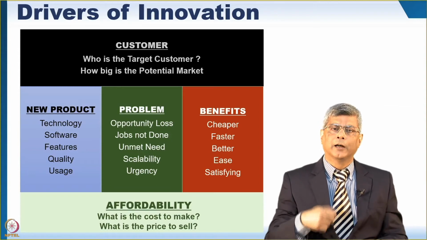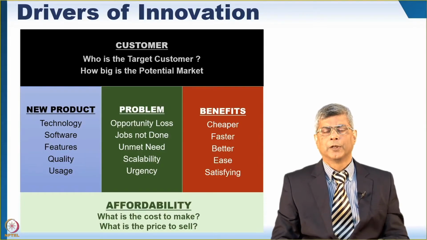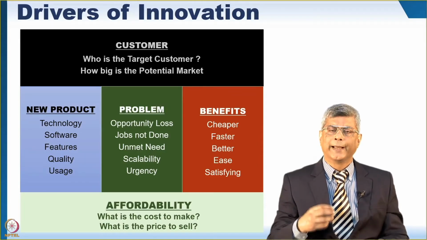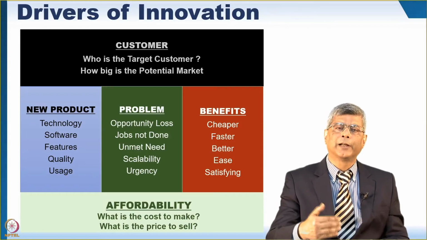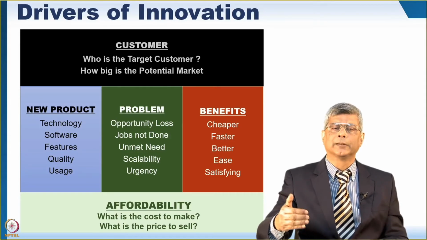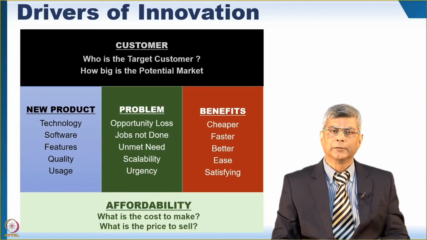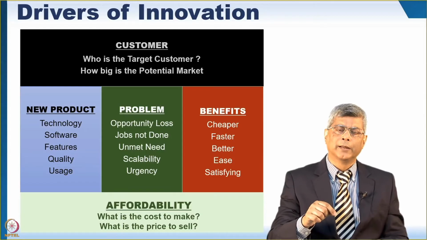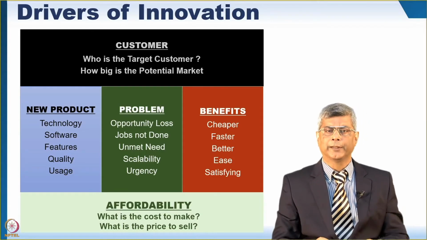And finally, urgency. How urgent is it? It's like a vitamin versus a headache drug. A vitamin, even if you don't take it for a day or 2 days or a year or 2 years, maybe nothing bad will happen. But if you have a headache, you need that headache medicine urgently. So you have to understand the urgency of that need.